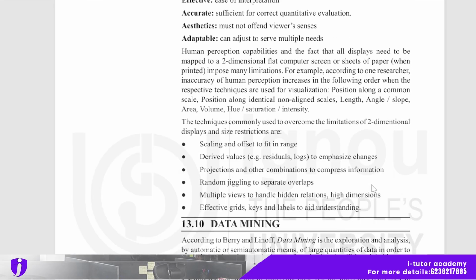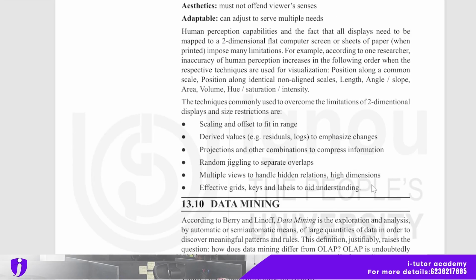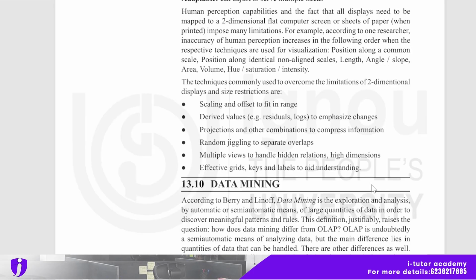The techniques commonly used to overcome the limitations of two-dimensional display and size restrictions are scaling and offset to fit in range, derived values to emphasize changes, projection and other combinations to compress information, random jiggling to separate overlaps, multiple views to handle hidden relations, high dimensions, effective grids, keys and labels to aid understanding.